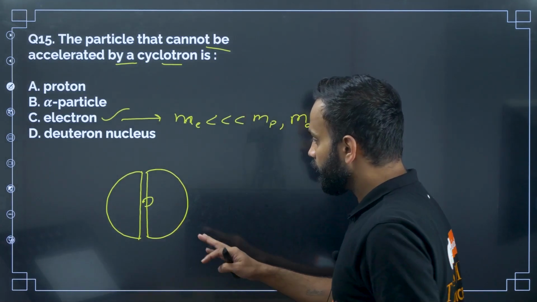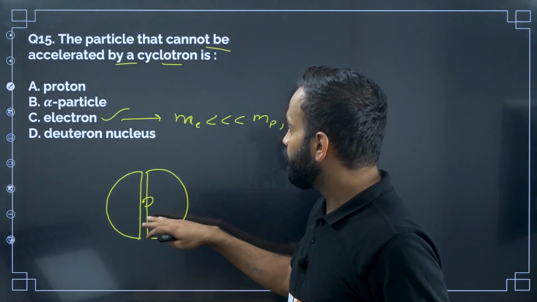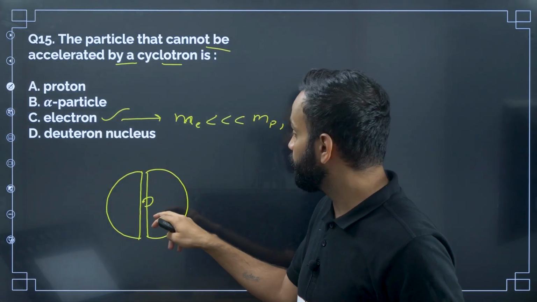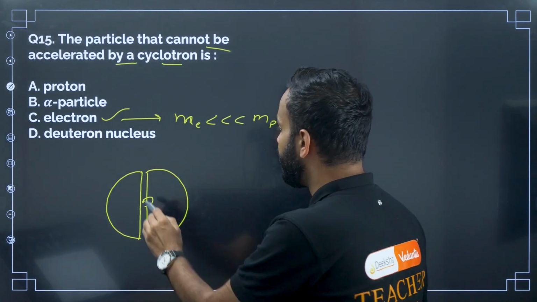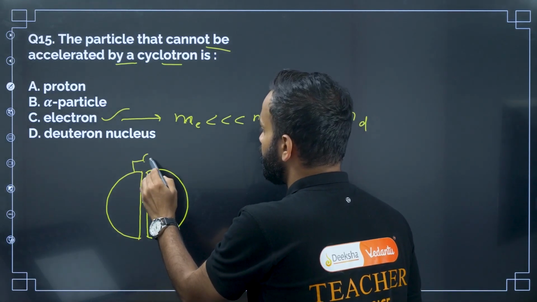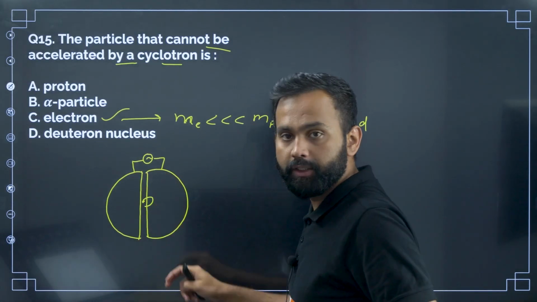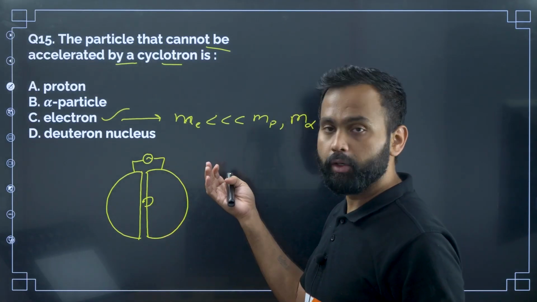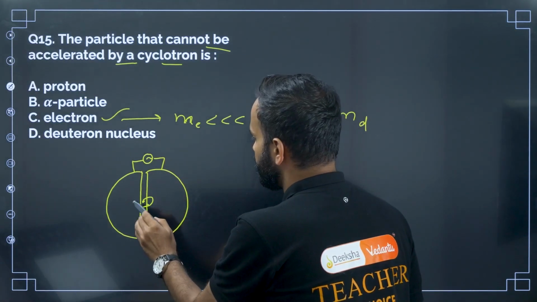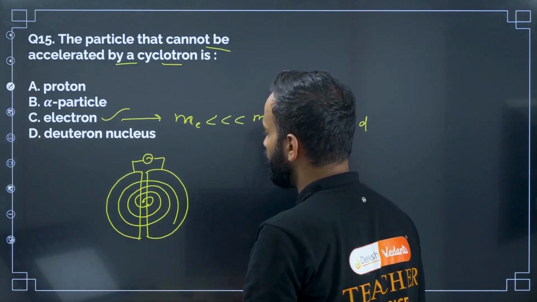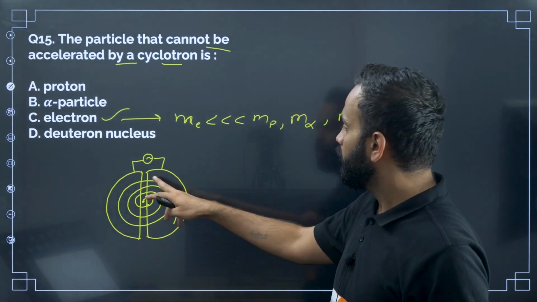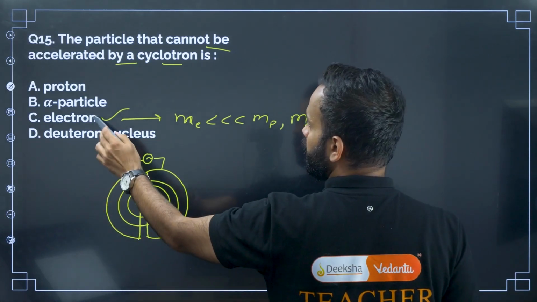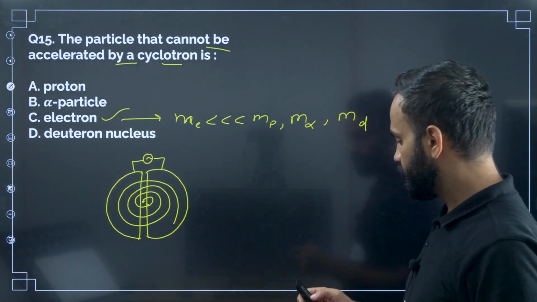So here the frequency of the electron does not match the frequency of the oscillator. That's why we cannot accelerate the electron through the cyclotron. So the correct option is C.